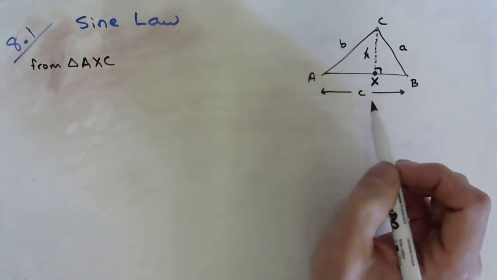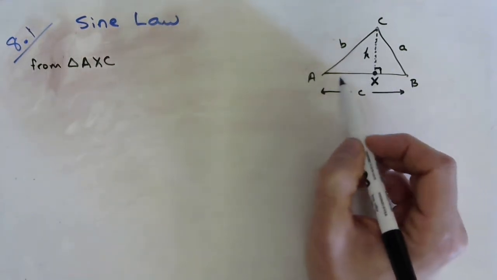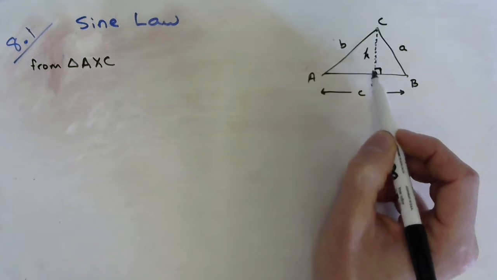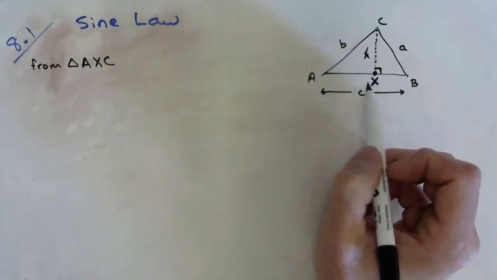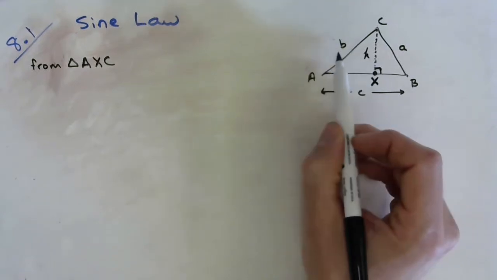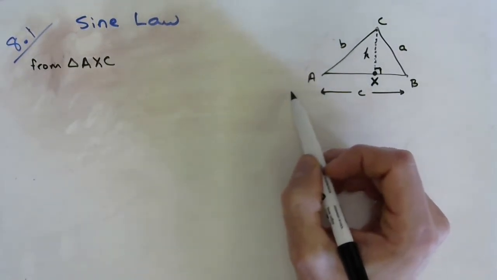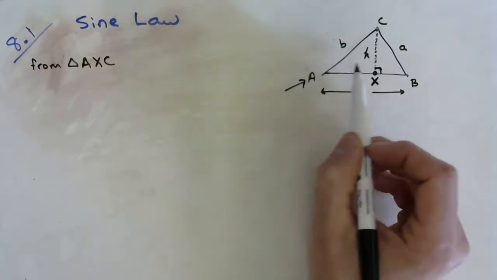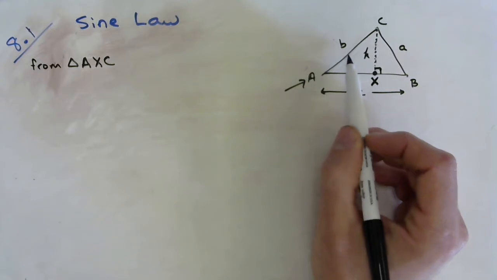We're going to come up with a primary trig ratio because we're in a right angle triangle, and we're going to use just what we see here. The only side lengths that we have labeled are b and h. From A, we have opposite and hypotenuse, so we're using the sine ratio.